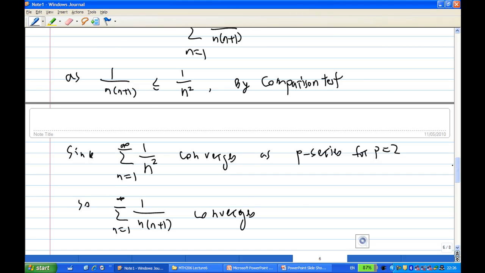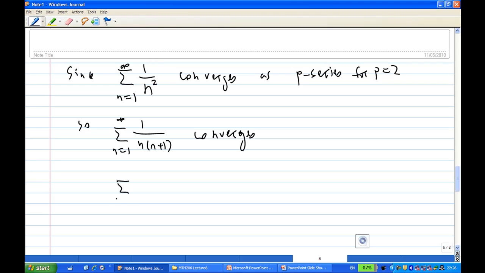But this series is the same as the summation from n equal 2 to infinity of 1 over n times n minus 1. Since they are the same, therefore, when x equal to minus 1, the power series converges.